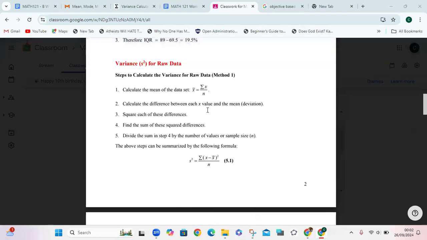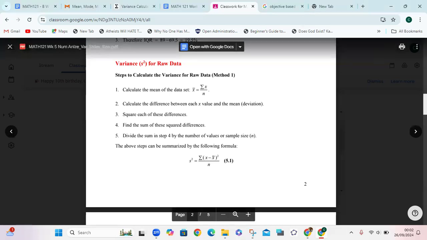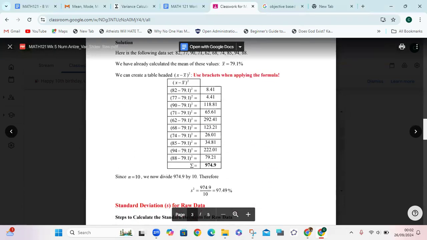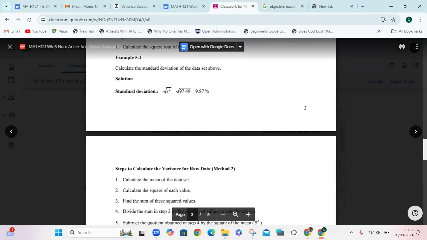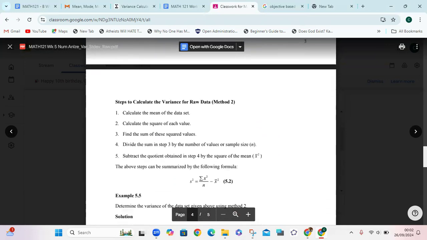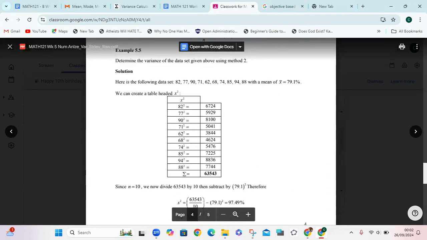Also, you can refer to weekly notes number 5, page 2, and you can get the steps to calculate the variance using method number 1. Here's an example, and method number 2. Here are the steps, and here's an example. And you can also go to the Google Classroom TR6 E2WI for recordings.